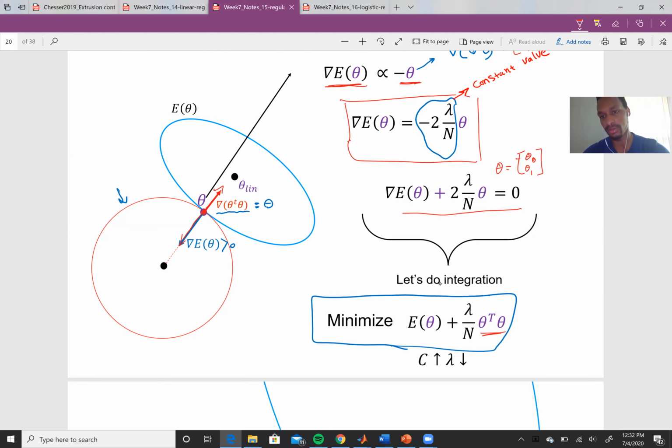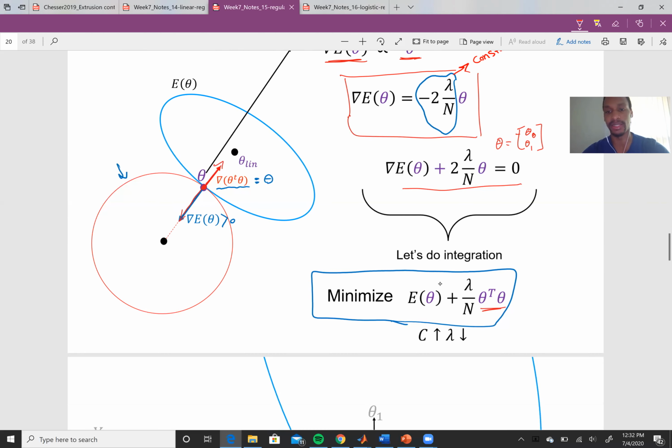In this case, the 2 drops out, and then we just have this lambda over n. Note that this is the same equation that we talked about as the governing objective for the regularization term.